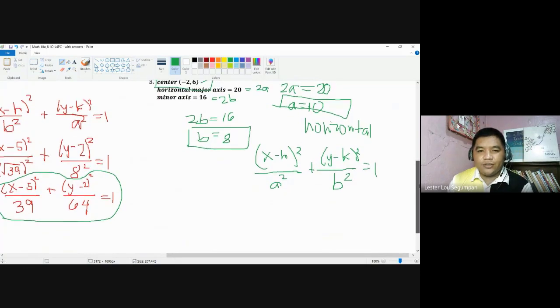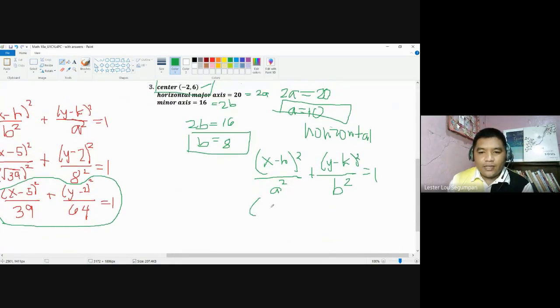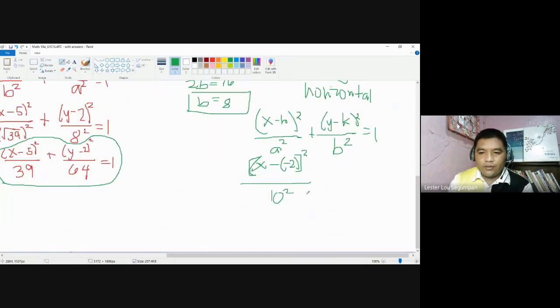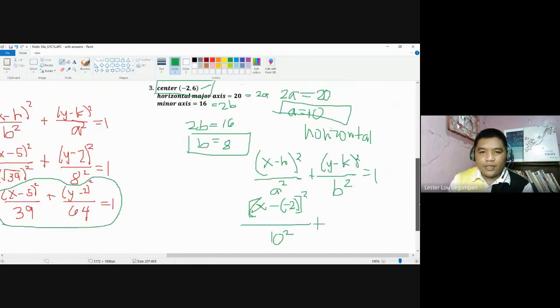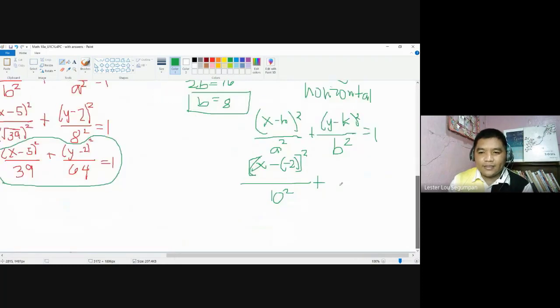And just substitute all the given. Take note that in the given, our h is negative 2, so don't forget to have minus negative 2. You have this form squared all over 10 squared, plus the y coordinate of the center is positive 6, so you have (y minus 6) squared over your b, which is 8 squared, equal to 1.